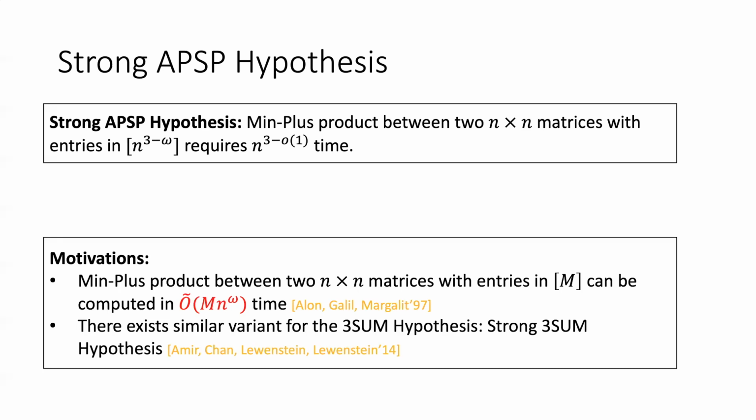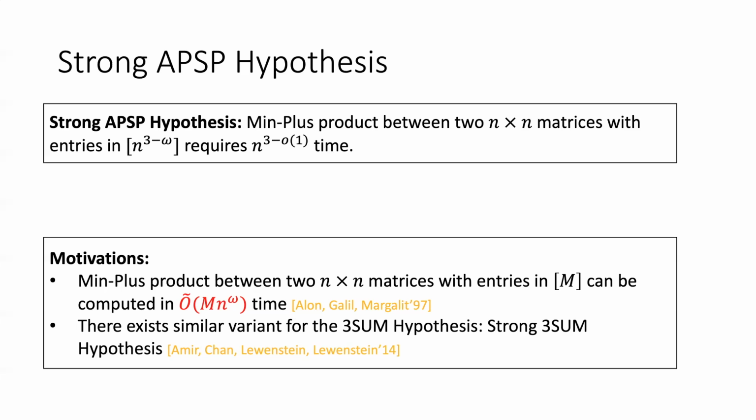First, in a min-plus product instance, if the entries are small integers, then there's a faster algorithm than n cubed. So if the entries are positive integers bounded by M, then we can compute the min-plus product in roughly M times n to the omega time. So if we plug in M equals n to the 3 minus omega, we get an essentially n cubed time algorithm. And there has been no improvement over this algorithm.